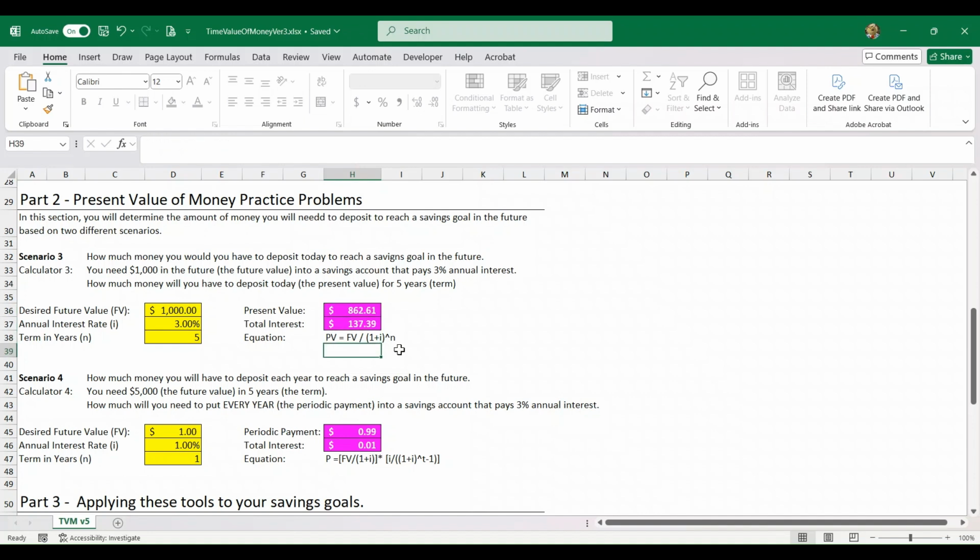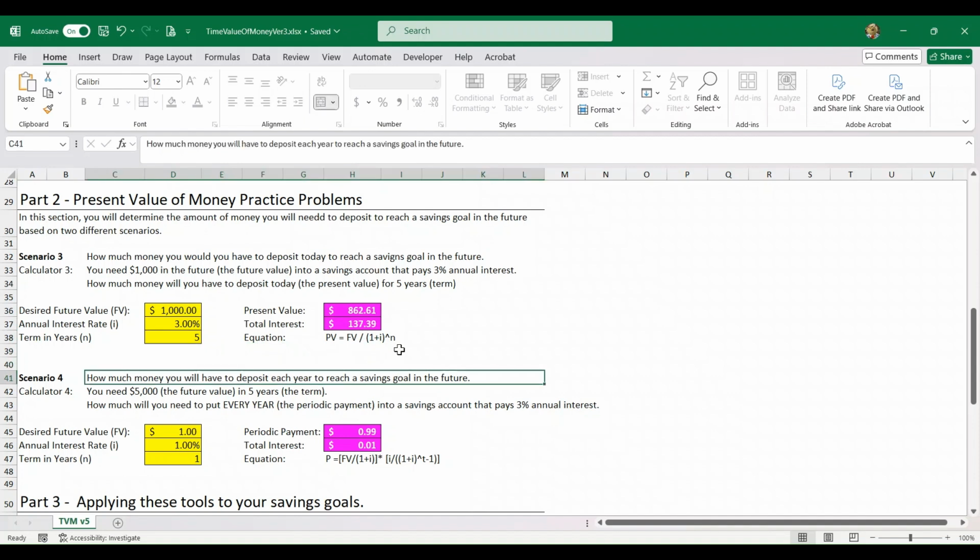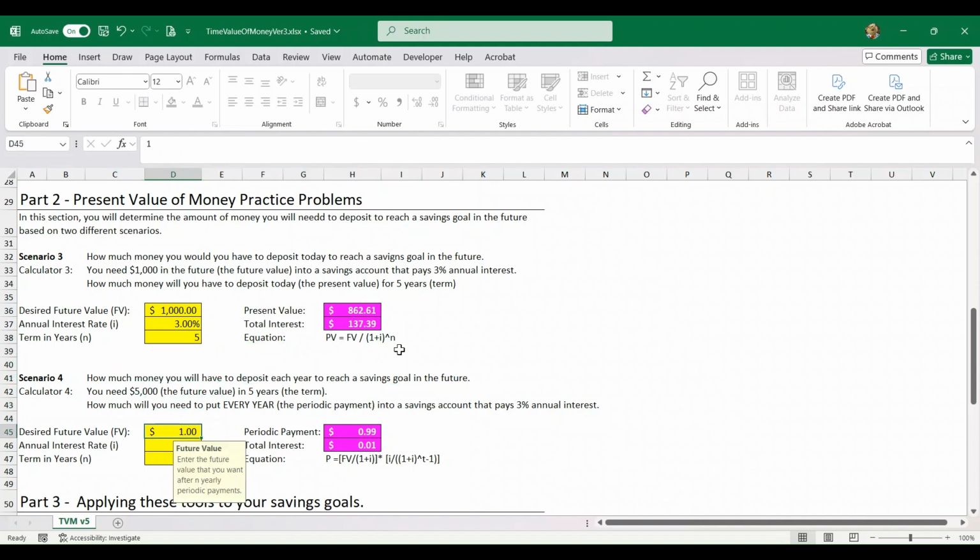So that's scenario 3. And then scenario 4, which is in our present value of money problems, is the same concept, the present value of an annuity. What if I need to have $5,000 5 years from now at 3% interest? How much do I have to put into the bank every year?